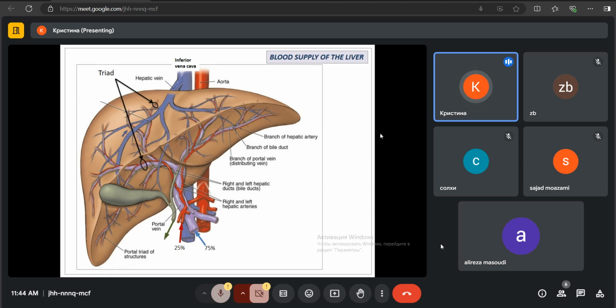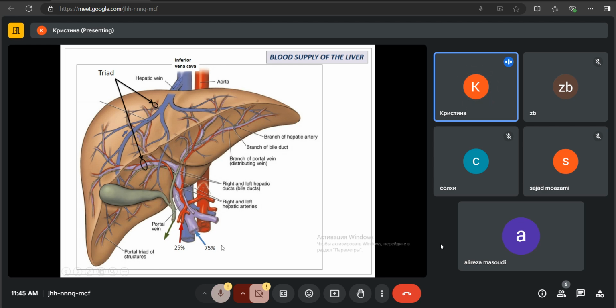Now, the blood supply of the liver. The very specific characteristic feature of the blood supply of the liver is that the liver receives not only arterial blood through artery, but also the venous blood through the vein.